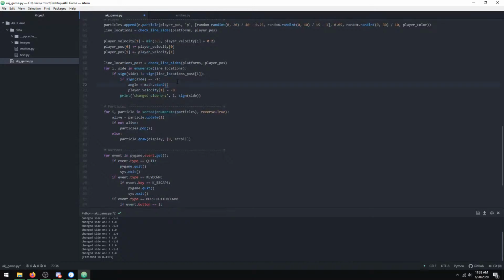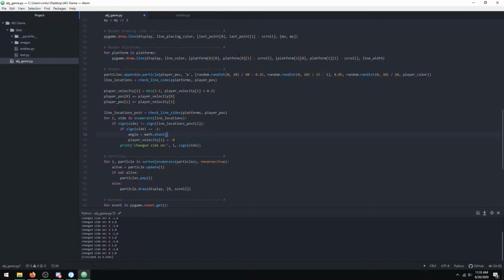From y, which is going to be line locations post I minus, well, 1 minus line locations I 1, and then I can do the same thing for x.